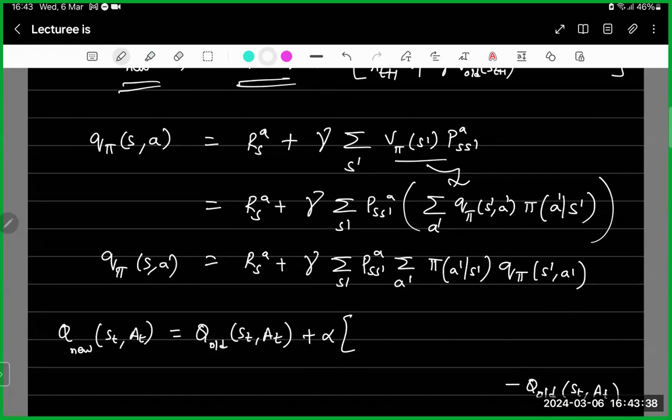Right? This is our generic template. In this, we'll just get inspired from this equation and write some sample, some estimated version of that. Correct?